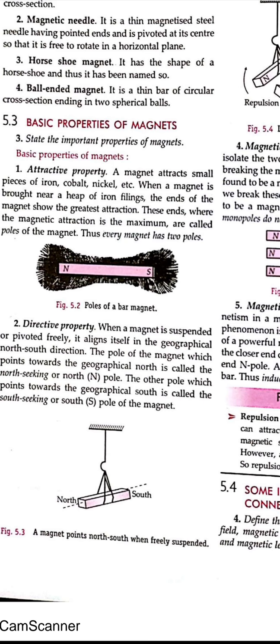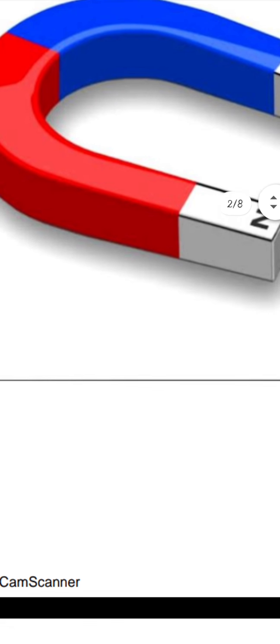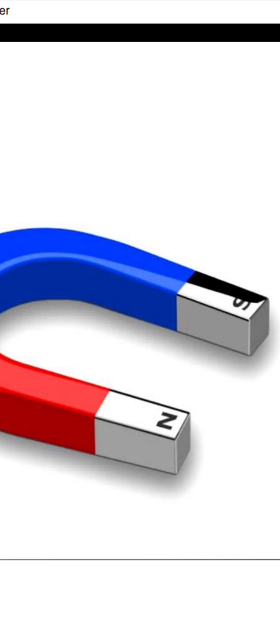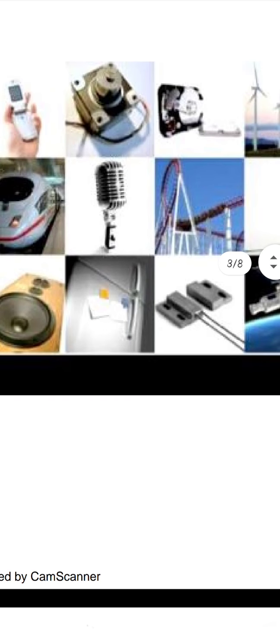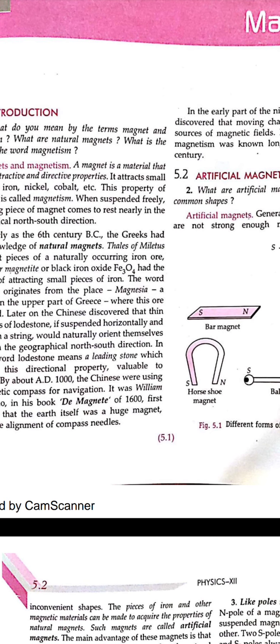We know that there are two poles of a magnet, named north pole and south pole, that is N and S. There are two poles in every magnet, at the ends of the magnet.